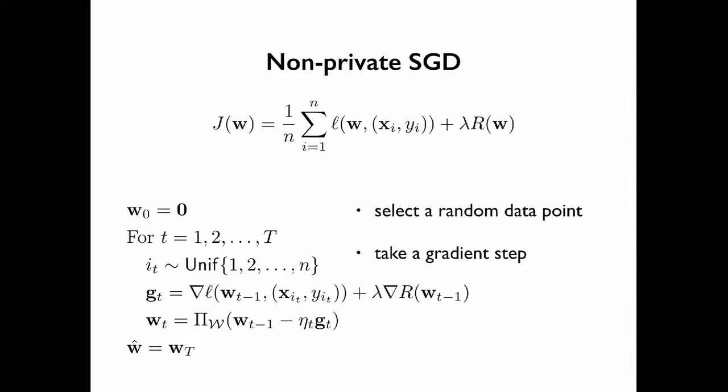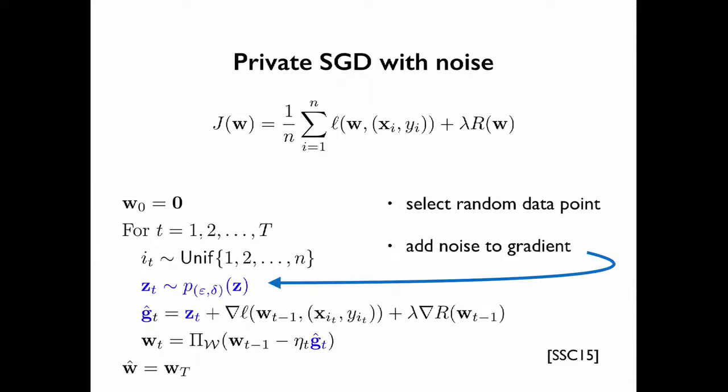Certainly one way you can introduce differential privacy into SGD is to just make noisy gradients. What have I done here? It's the same algorithm as before, but now when I pick a random data point, I generate a noise vector z_t according to some distribution p(z), and this distribution is chosen according to the sensitivity of the gradient function to guarantee either epsilon or epsilon-delta differential privacy.